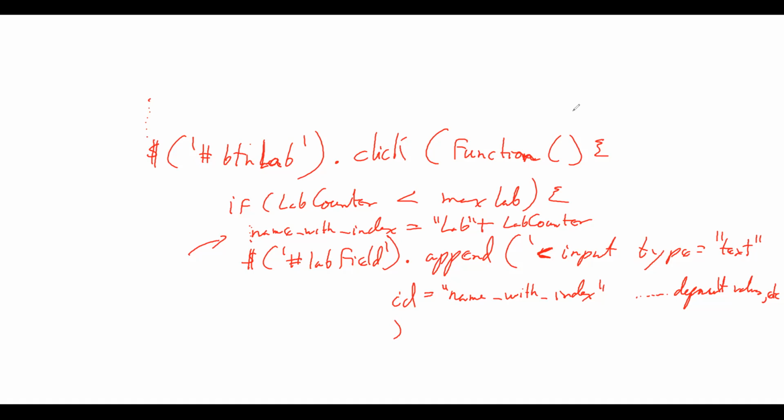And you might want to have the lab counter incremented here every time you do this. It's lab counter plus one. Okay. And then any other cosmetic things that you think might be good.